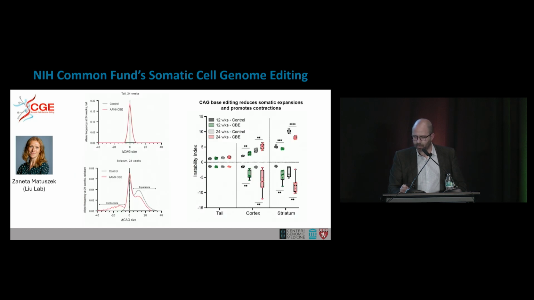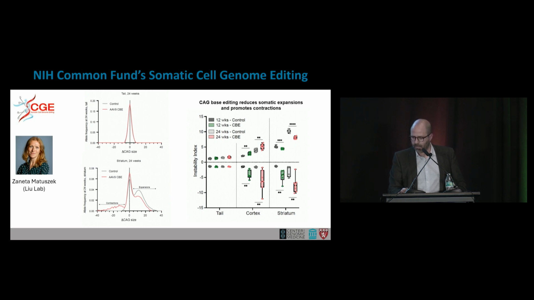But remarkably, we can show that even this low editing efficiency is enough to significantly slow down the rate of expansion, and surprisingly, in the striatum, even promote contractions. So we're quite excited about this.